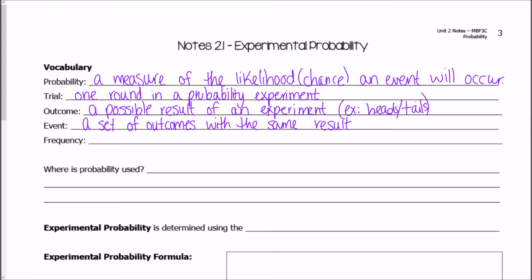So an example of an event is actually getting heads, right? Like if I get heads, then that event has occurred, okay? And then frequency is just the total number of outcomes for an event.